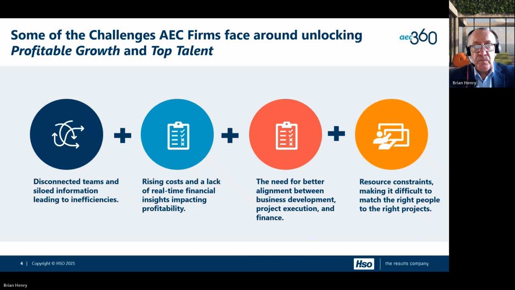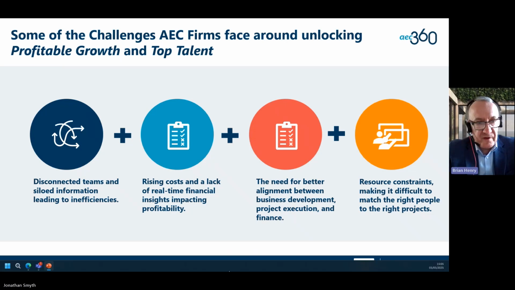So, what are we hearing out in the industry from AEC firms? First of all, we're hearing that AEC firms have got disconnected teams and siloed information, leading to inefficiencies. We're hearing from AEC firms that they've got rising costs. Sound familiar? And a lack of real-time financial insights, which is impacting profitability.